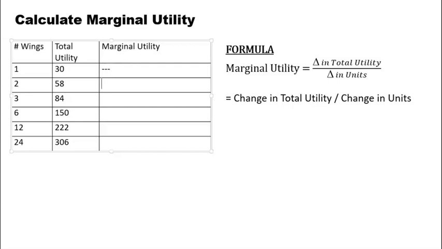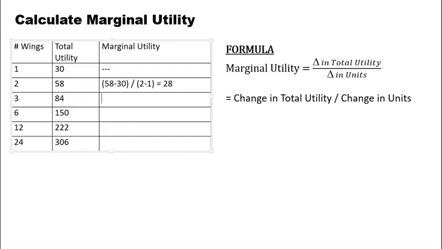For the second one, again, it is the change in total utility, which is, in this case, 58 minus 30, divided by the change in the total number of wings consumed. And that gives us 28 for marginal utility.